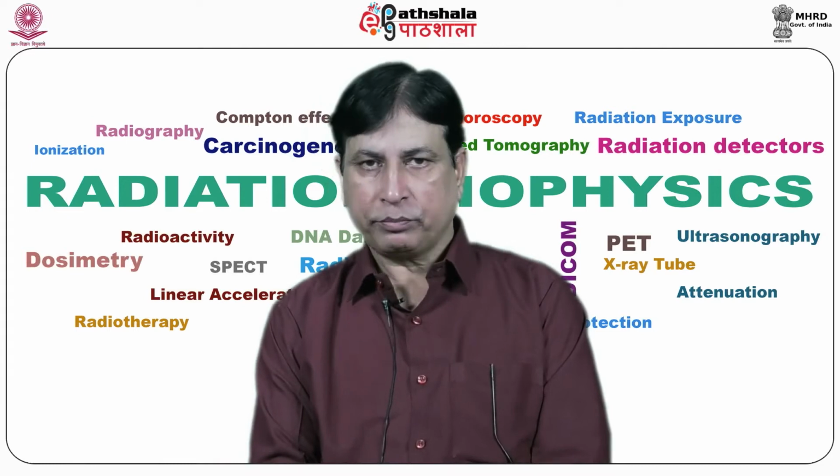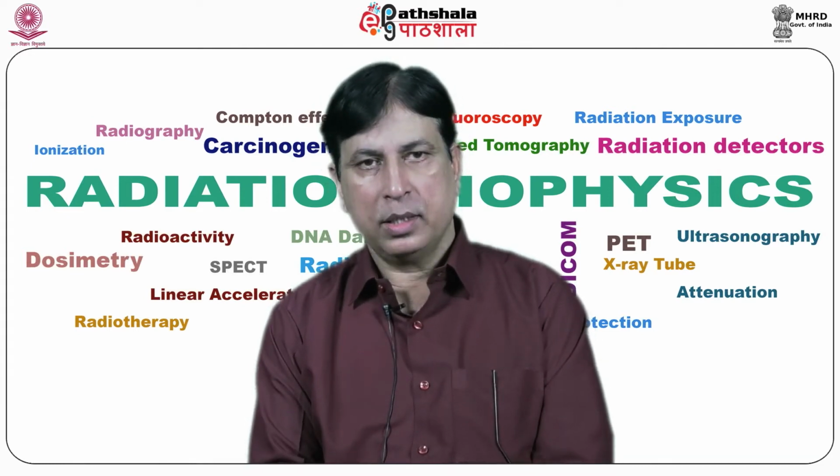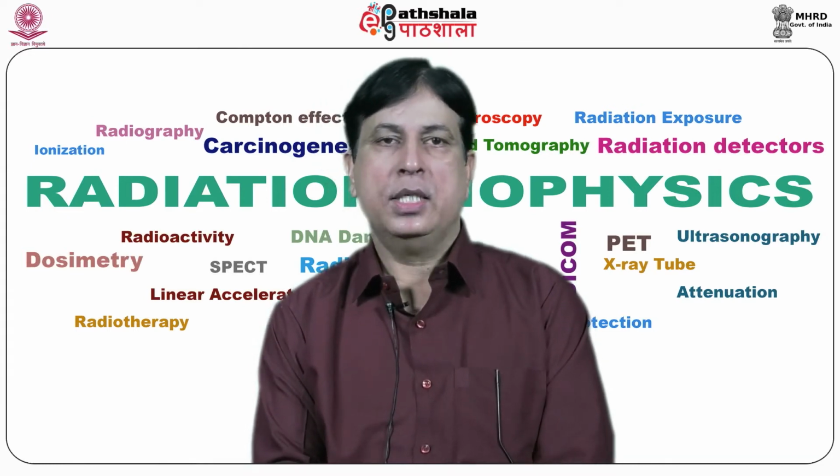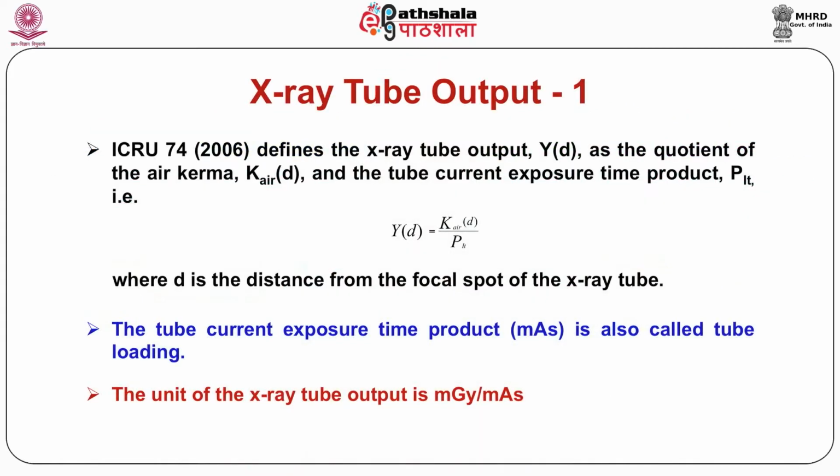So, we will start with the definition of X-ray tube output. International Commission on Radiation Units and Measurements report number 74, 2006, defines the X-ray tube output Y(d) as the quotient of air kerma and the tube current exposure time product, that is PIT. The equation has been given here.